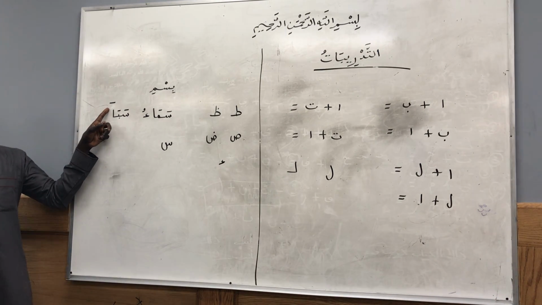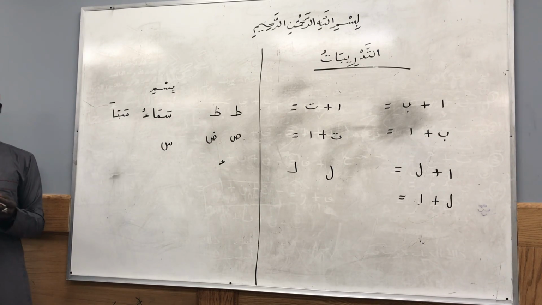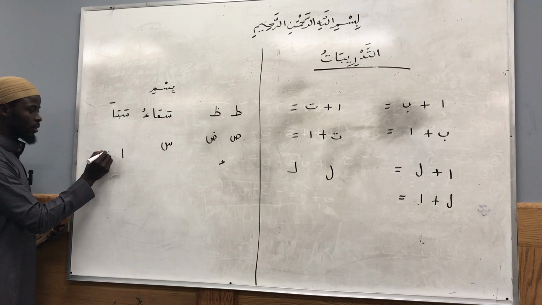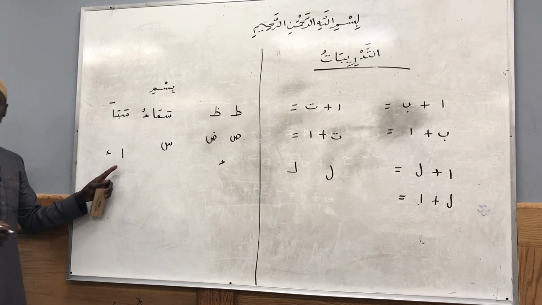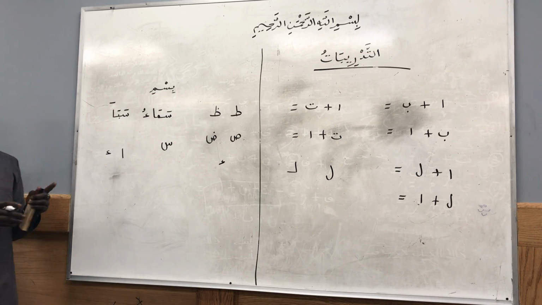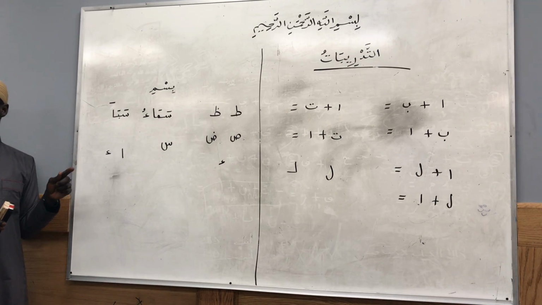There is no hamza again. Because some of you mix it with hamza. This is alif and this is hamza, without the vowels. This is alif and this is hamza.